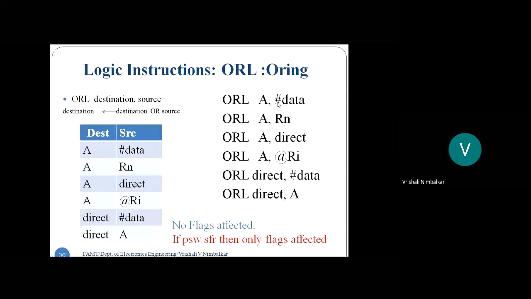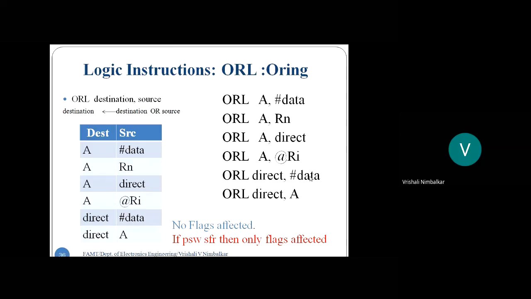ORL A, hash data, ORL A, RN. RN can be R0 to R7 as well as B register. Remember, student. ORL A, direct, that's the memory address. Data from this memory address is ORed with accumulator, stored back in accumulator. ORL A, @Ri. ORL direct, hash data.